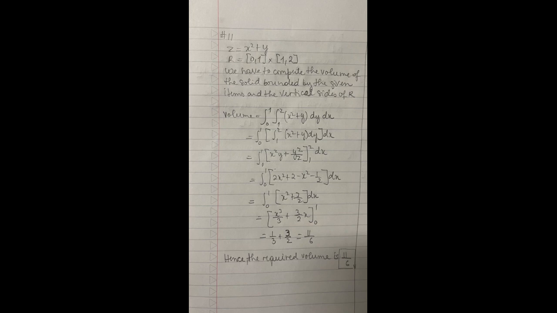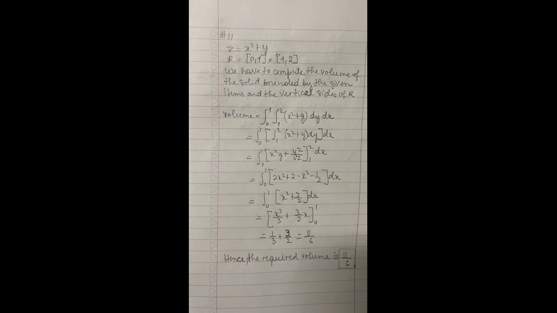Now we're going to integrate with respect to x. We simplify first: 2x squared minus x squared gives us x squared, and 2 minus 1/2 equals 3/2. So now we integrate with respect to x.